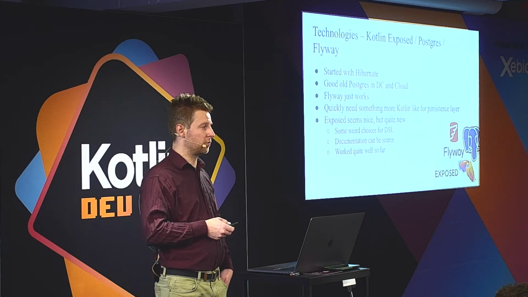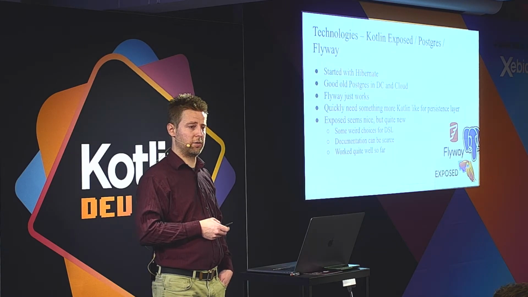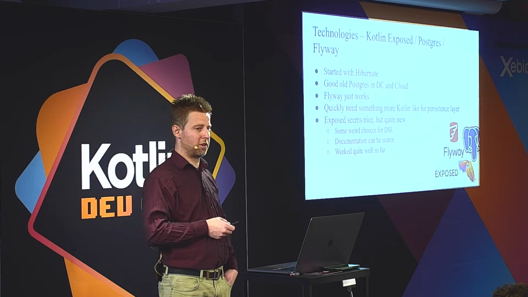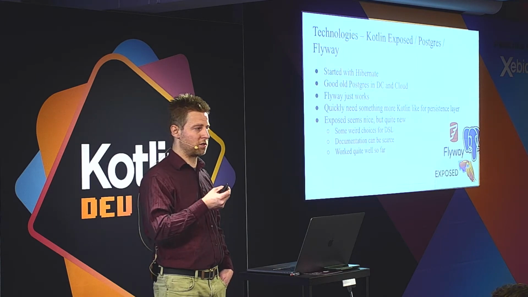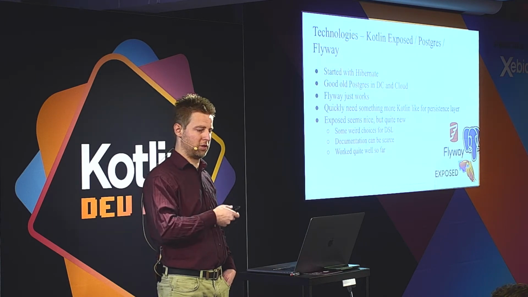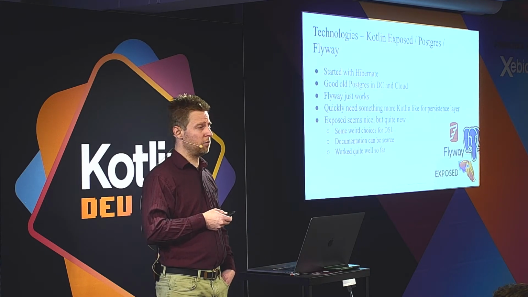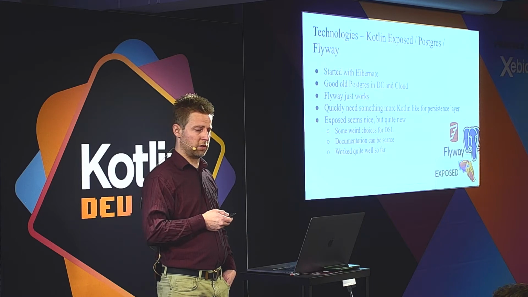And the documentation for it is quite scarce. It is a new framework. There are not a lot of Stack Overflow questions and answers on this. The documentation itself is very sparse, and they introduce new features which are not in the documentation examples yet. But yeah, in the end we figured it out, and it worked quite well for us.